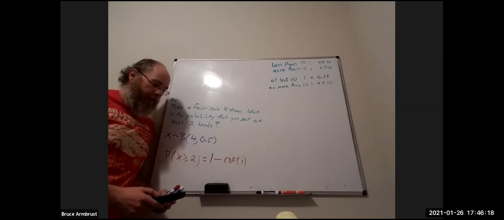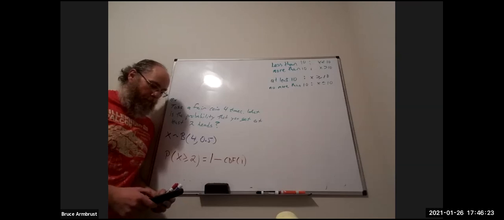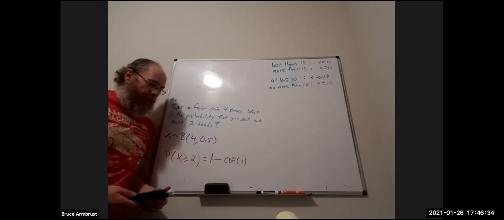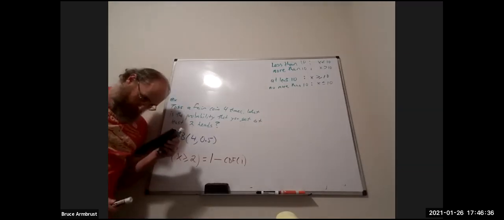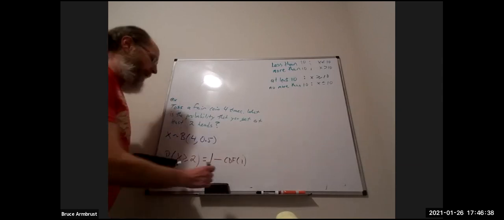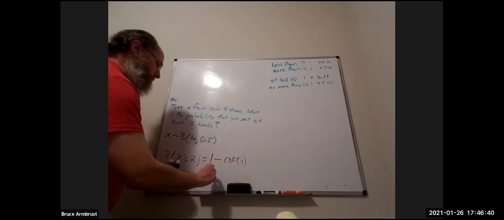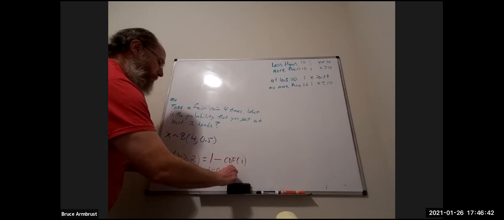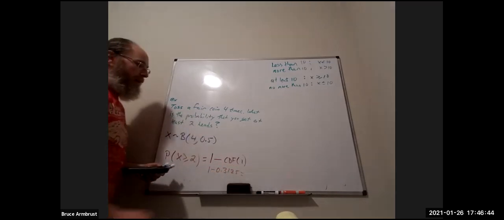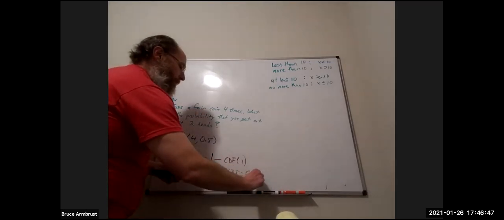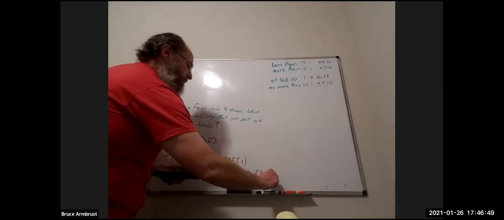All right, so then my CDF, I'm going from 0 to 1. All right, so I calculated that my CDF is 0.3125. So I'm going to subtract that from 1, and I get 0.6875.